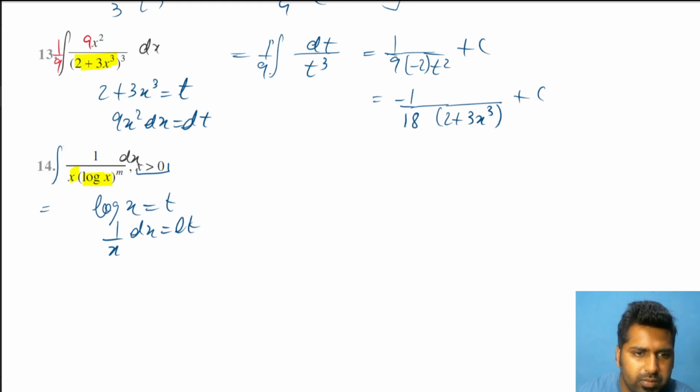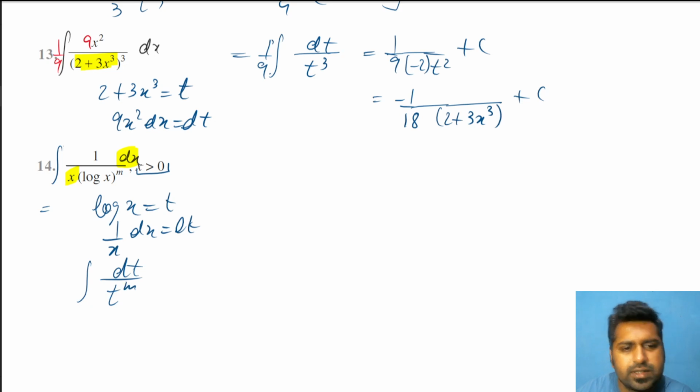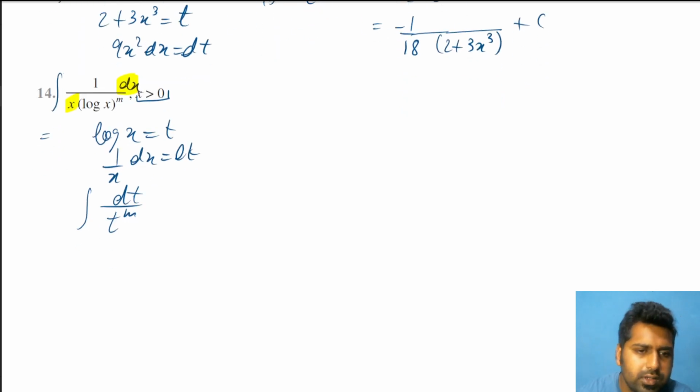So 1 by x dx, that's your dt. So integration dt upon log x is t, so t raised to power m. What is integration of 1 by t raised to power m? So you get this in the numerator, that will become integration t raised to power minus m dt, and now you integrate.